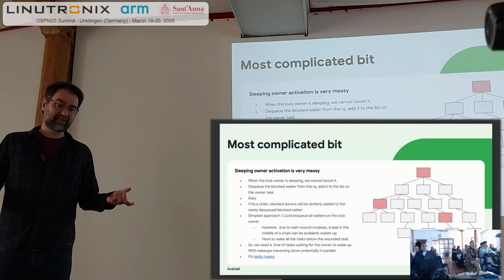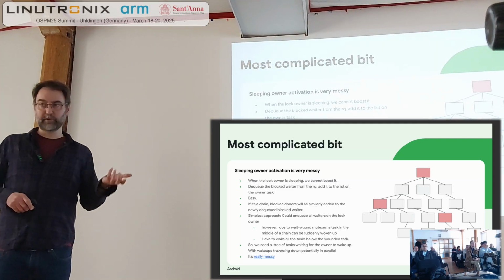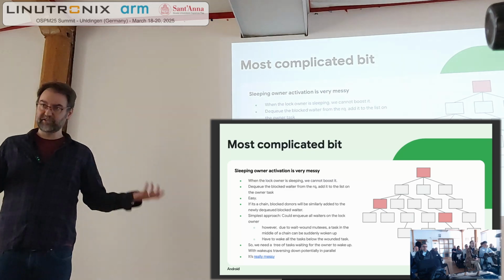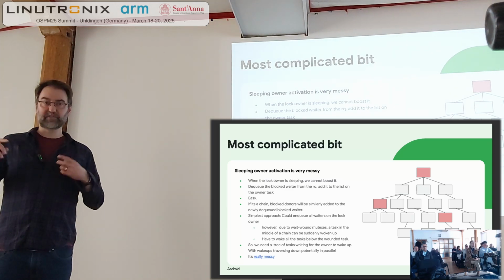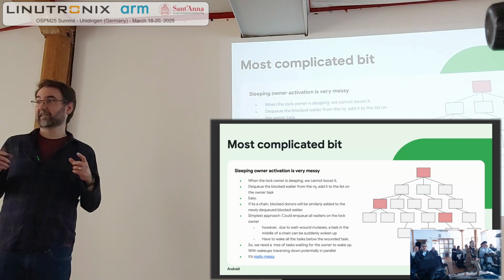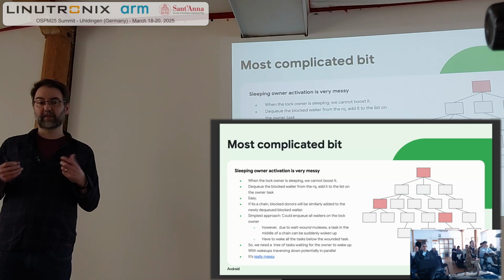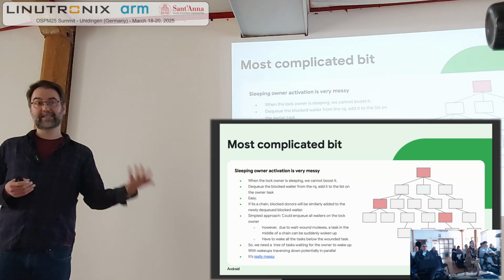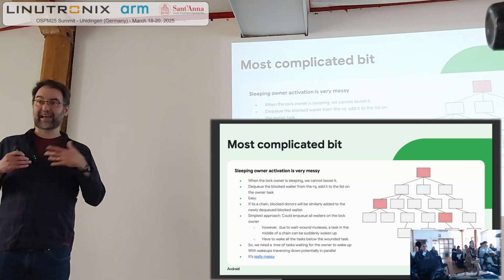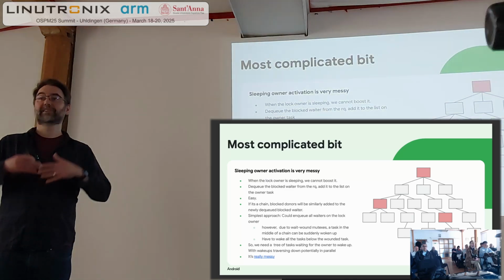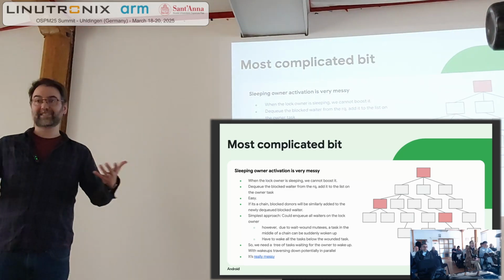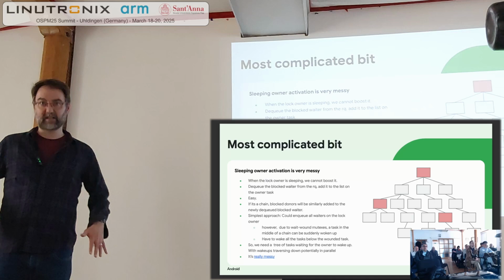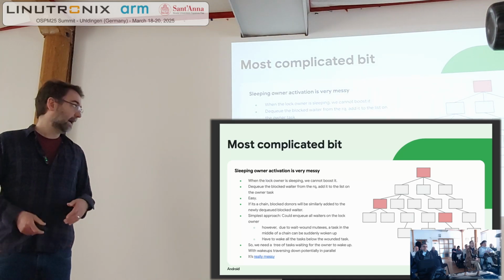But one of the issues is that with wait-wound mutexes, you can have what I call mid-chain wake-ups. If a circular reference is discovered in wait-wound mutexes, the lock will be woken up with an EDEADLK, without the lock being handed over. The code will then drop all of its locks and try to reacquire them again.